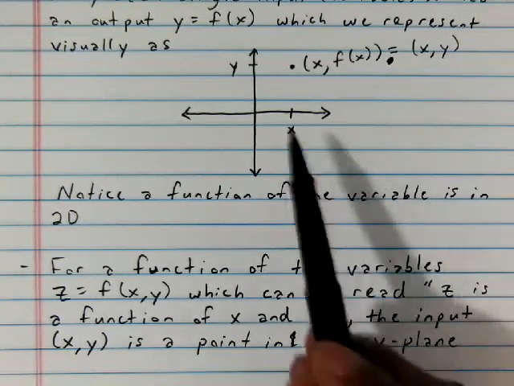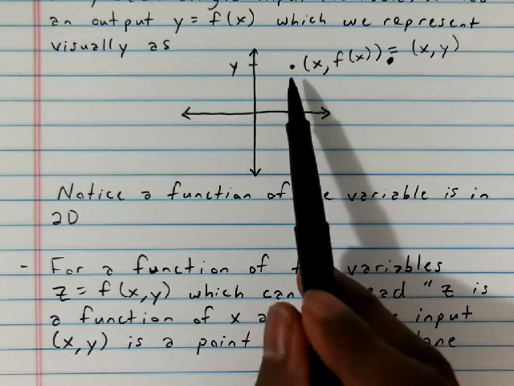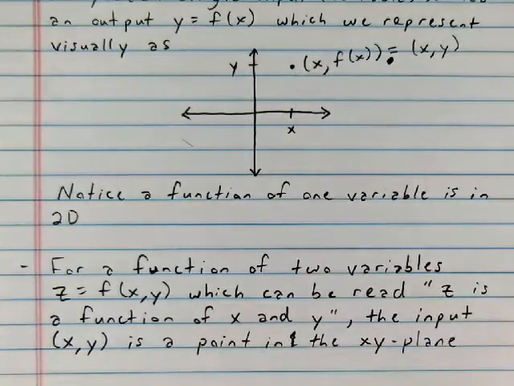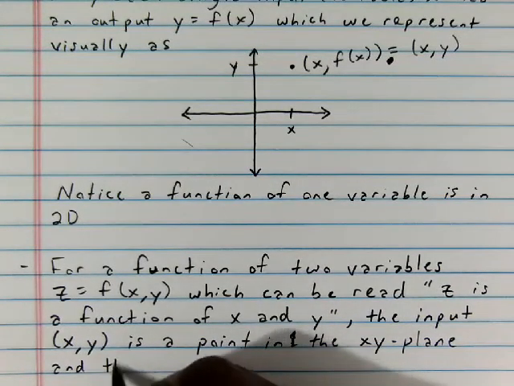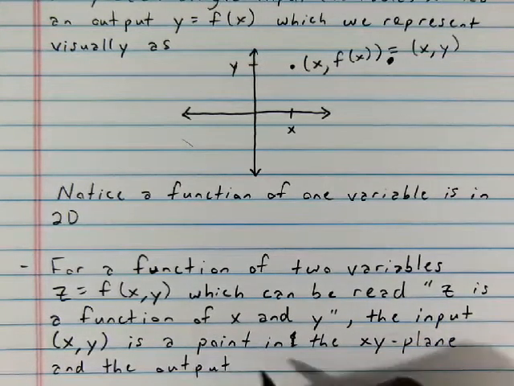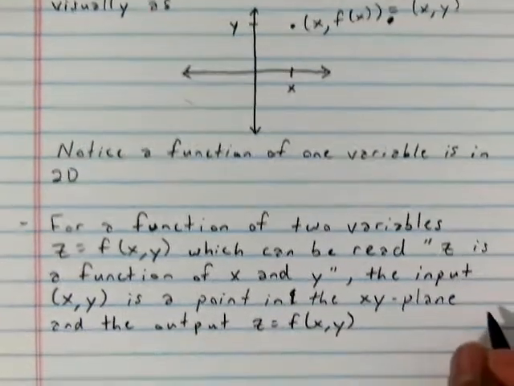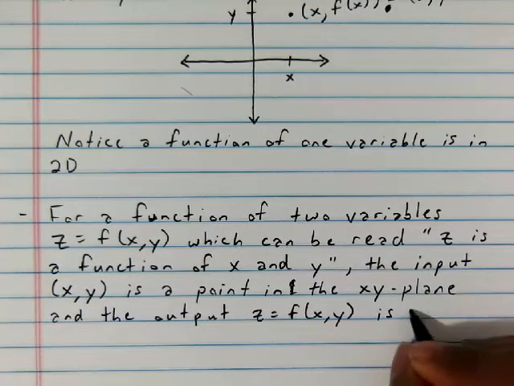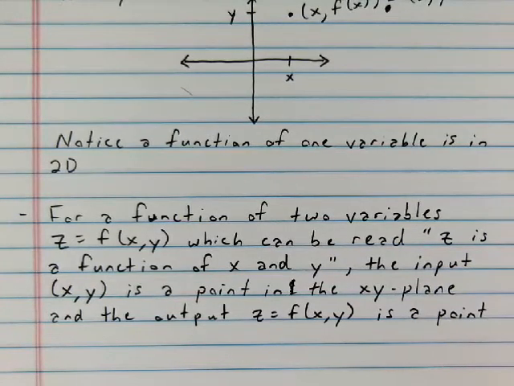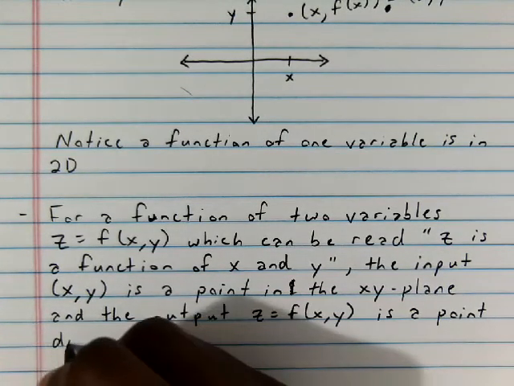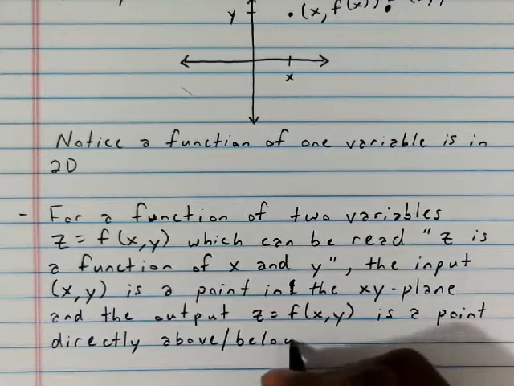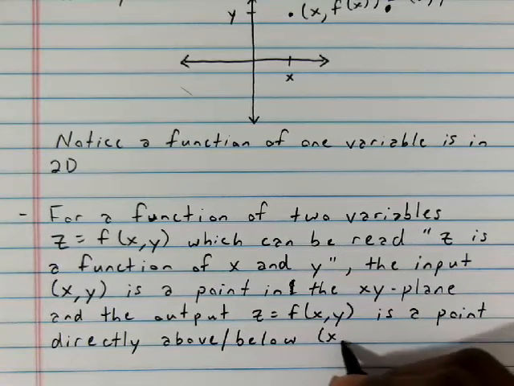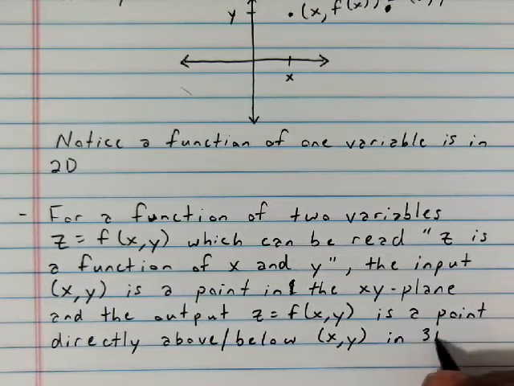So our inputs are things like this. For our function of 2 variables, we would take some input in 2 dimensions, or in the xy plane, and the output z equals f of x, y is a point directly above or below x, y in 3D or in 3 dimensions.